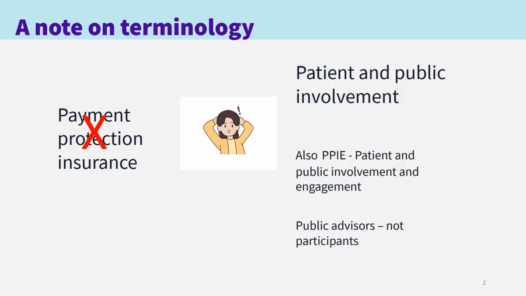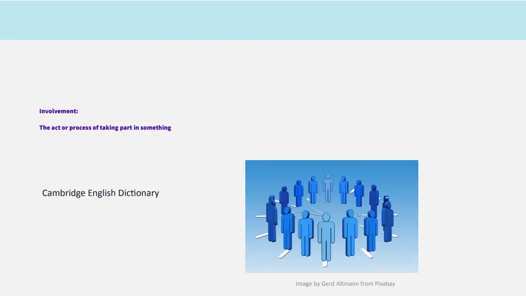In this presentation, I'm mostly going to be talking about involvement. So actually involving members of the public as advisors during a literature review process. And as we all hopefully know, this is very different from involving members of the public as participants in our research. So patients and public as advisors in our research. So just a little bit on terminology there.